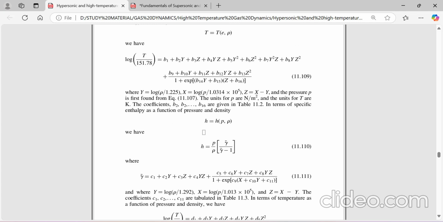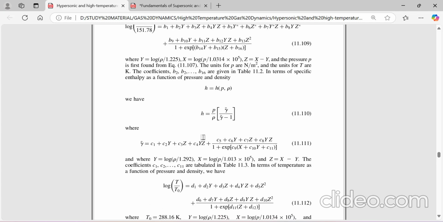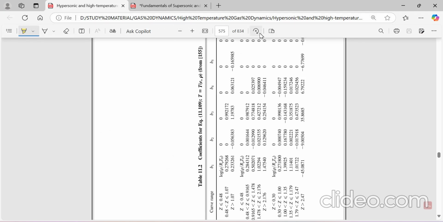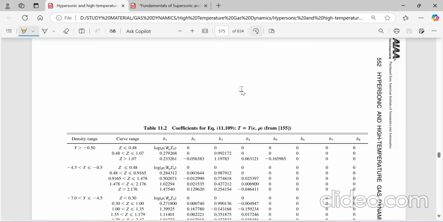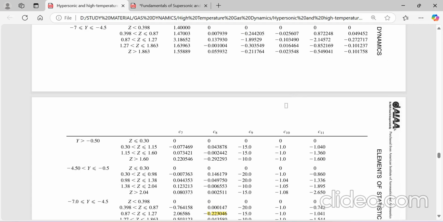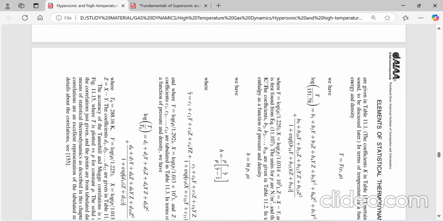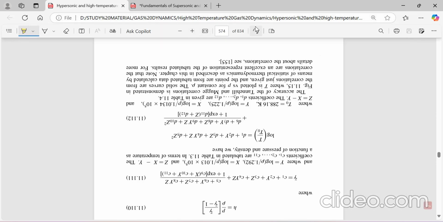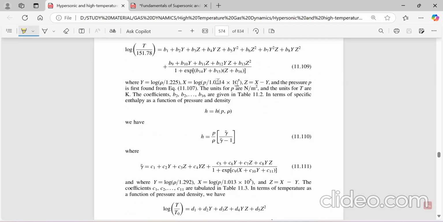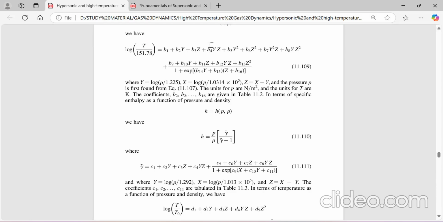So in Tannehill's curve fit, this polynomial relation is given, and it has many coefficients which depend on the range of pressure and density. In these tables the values of the coefficients are given, and you can take them, put them in the equation and find the value of enthalpy. Like this, you have to use the curve fit to find the properties across the shock.